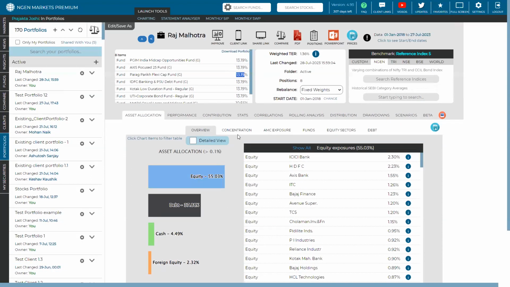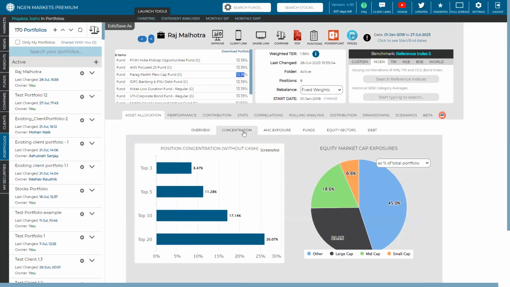Now, let us move on to the concentration analysis. What this concentration analysis tells you is the exposure in each of the market cap wise segments of the portfolio. So for an example, if we do this as a percentage of equity, the equity in the portfolio, as we saw, is 55 odd percent.